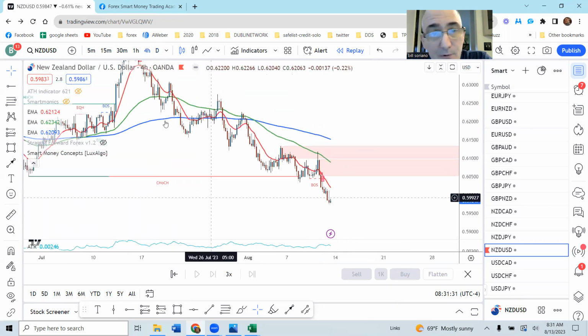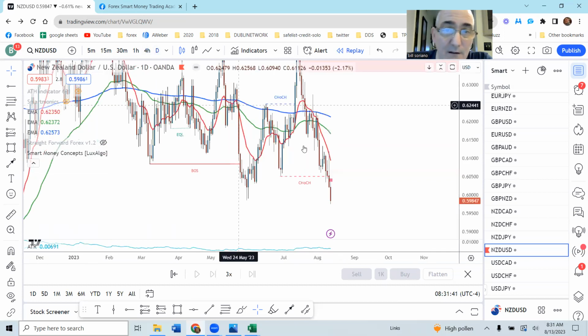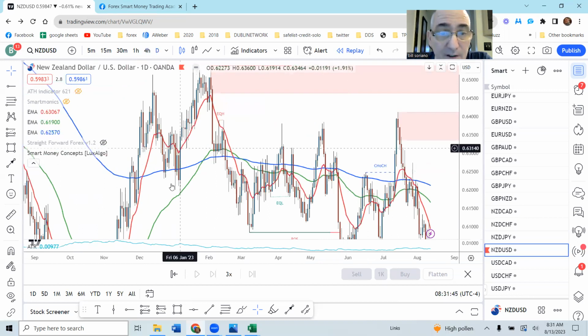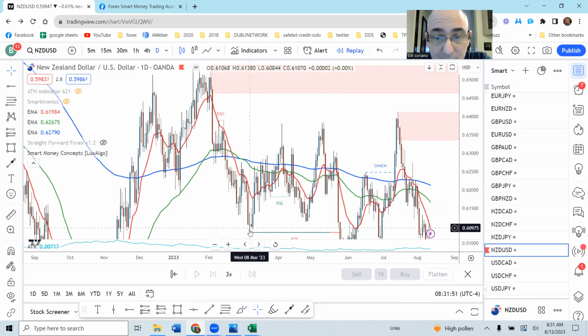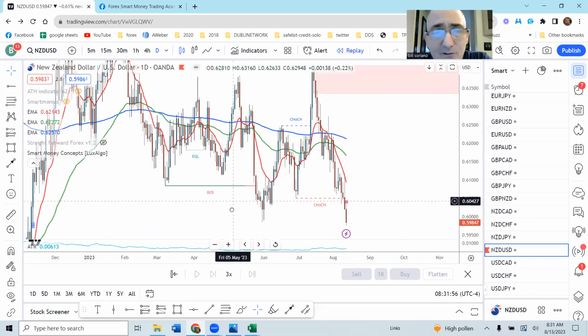But when you look at this 4-hour order flow, you could see here the breaks of structure coming down. So right here, you see how price moves down and breaks this structure right here. That gives us our choke. Then it pulls back, it breaks structure again, pulls back, breaks structure again. So we get our choke plus.